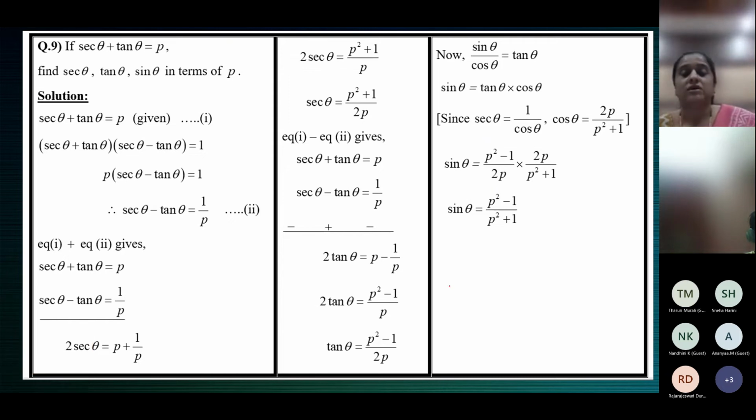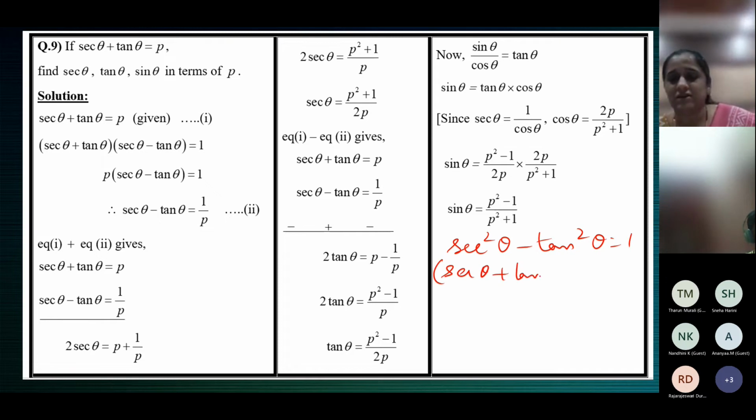Please wait. So in 9, children, we know that secant square theta minus tan square theta is 1. Now this is in the form a square minus b square, which is a plus b into a minus b.